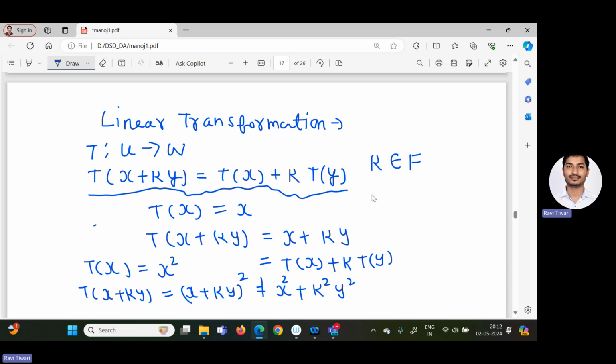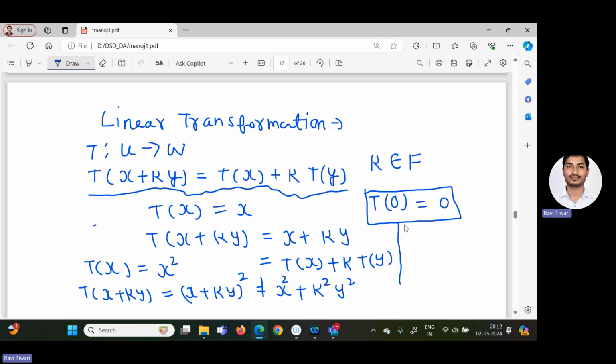Also there is one property: if T is a linear transformation, then the image of 0, T of 0, will always be 0. But what about the converse of this? If T of 0 equals 0, can we say the function is linear?